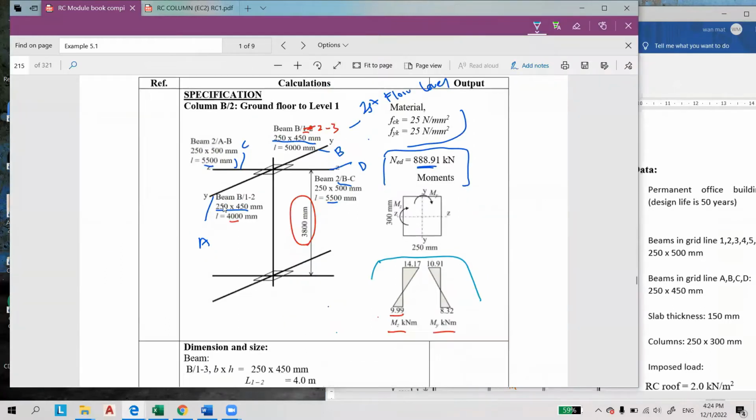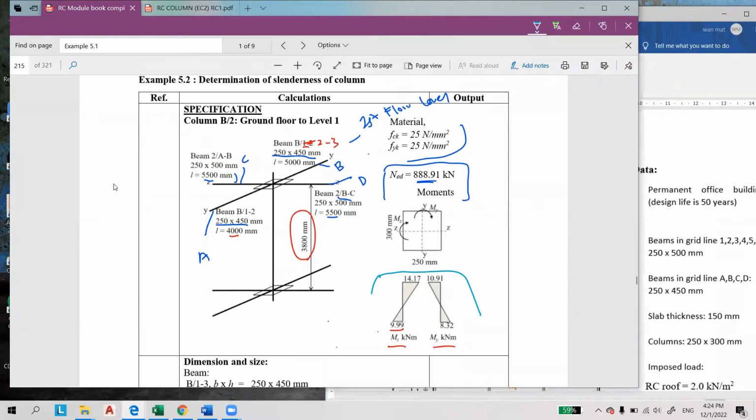Okay, this is y, this is y. So this is my mz. This is 300 and this is 250. So this shall be z.